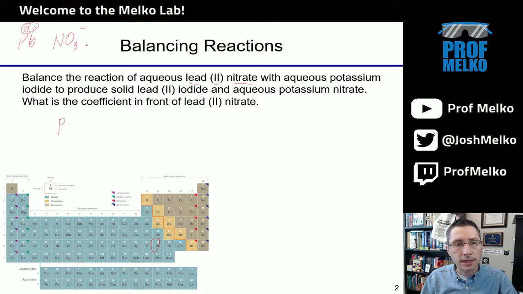So this 2 on lead becomes a subscript 2 on nitrate, and the 1 on nitrate becomes a subscript 1 on lead. And again, I don't write the 1 subscript, it's just implied. So my formula for lead nitrate looks like so, remembering to use parentheses around nitrate to make sure there are 2 whole units of nitrate in this lead nitrate formula. So that's my formula for lead nitrate, Pb(NO3)2, and it's aqueous. I want to make sure I keep track of these states.